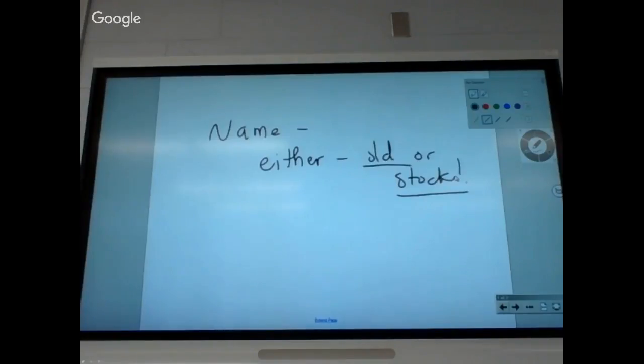Okay, that's fine. Colin, do you want a computer to watch how to do it, or you just want to take notes?